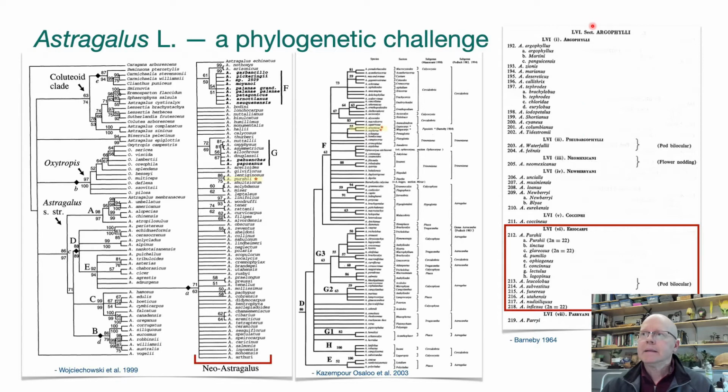He recognized a number of sections, and one of these is section Argophylli, and within that section is subsection Eriocarpi. It's within subsection Eriocarpi that Astragalus persii, Astragalus anserinus, and Astragalus utahensis occur. So this gives us a framework in terms of how to begin looking at Astragalus anserinus and addressing some of the questions that we had with this species.